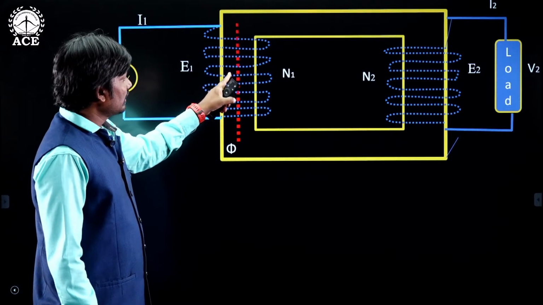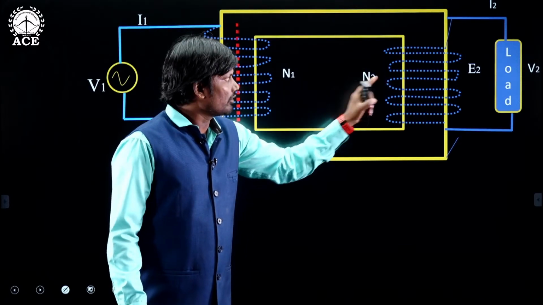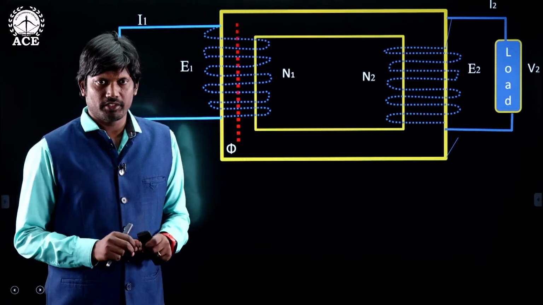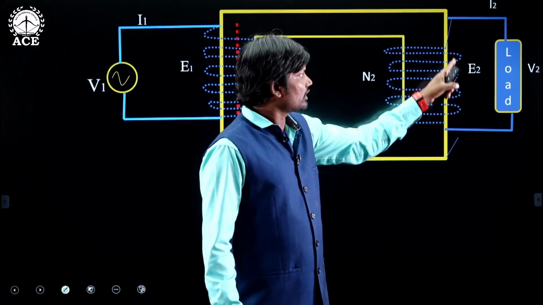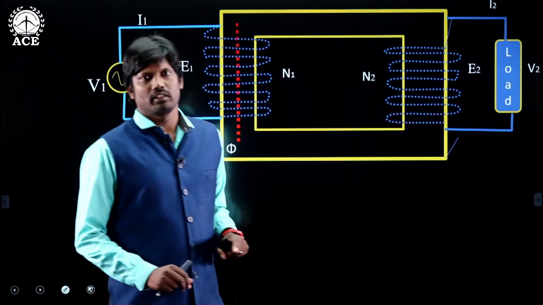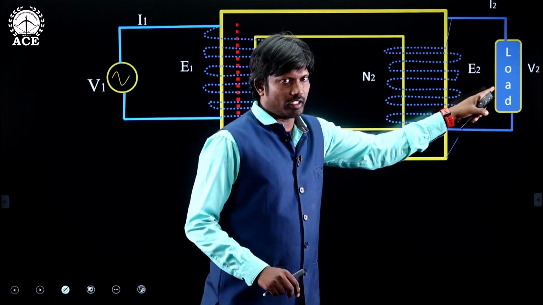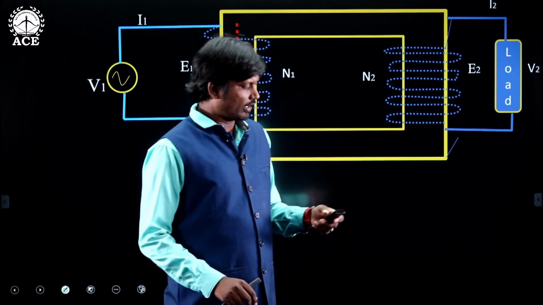When this flux links with the secondary winding, according to Faraday's law of electromagnetic induction, the EMF E2 is induced in the secondary side of the transformer. This EMF circulates the current in the secondary winding if the load is connected, as shown in the figure.